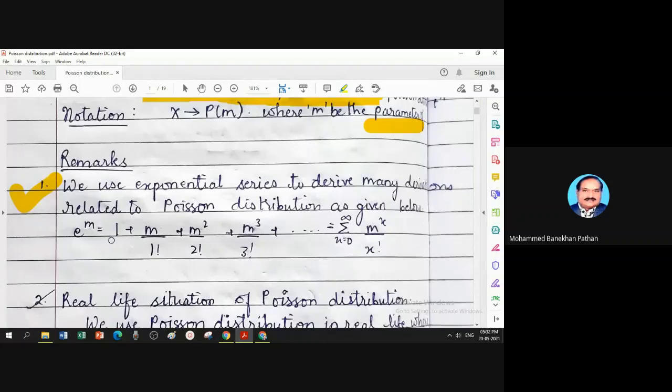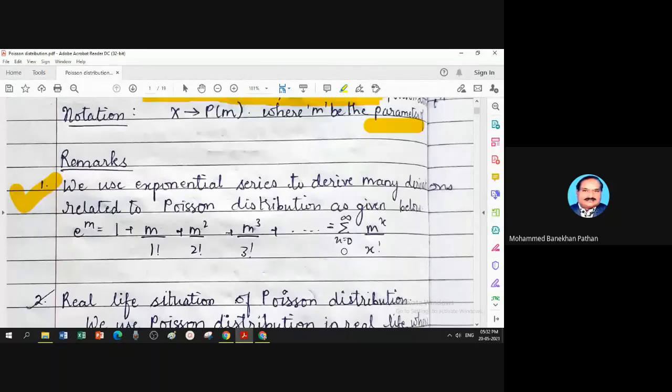So first term is 1. Plus, that means sigma. Next value of x is 1. Put in the numerator and denominator. M raised to 1 by 1 factorial second term, and so on. So this big expression is written in the summation form like this.